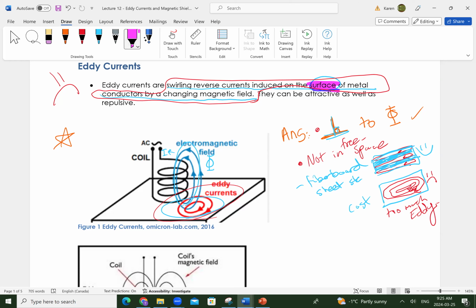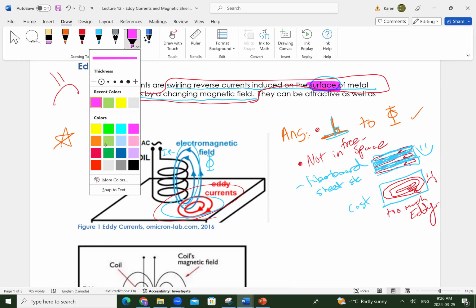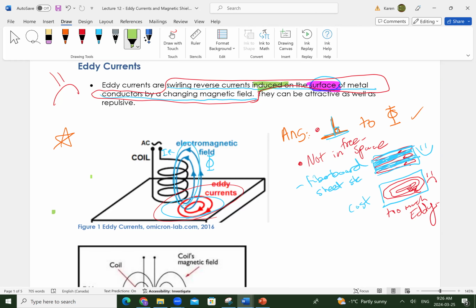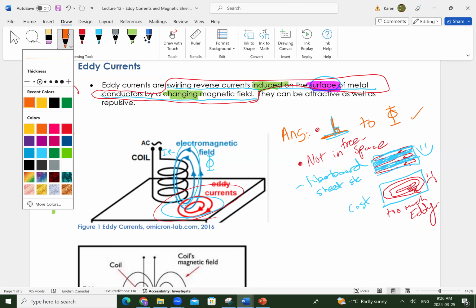But they are on the surface of metal conductors, and they are induced by a changing magnetic field. You're going to remember they're induced by magnetism. That's what this course is. But they're induced by a changing magnetic field. So really, really, really important. We'll do all the changing stuff in green, okay?